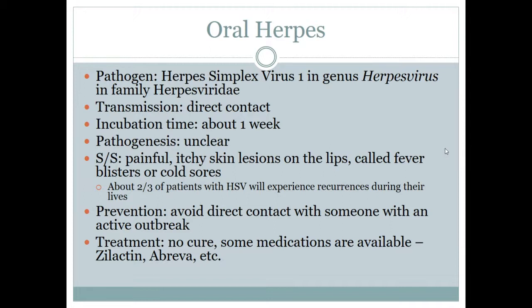So that means that 1/3 of people who are infected may have an initial fever blister, an initial outbreak, and then never have another one, or they may not ever have one. They may never know that they are infected. There is no cure. Once you have it, you always have it, but there are some over-the-counter topical medications that are available: Abreva, Zolactin, Lysine.